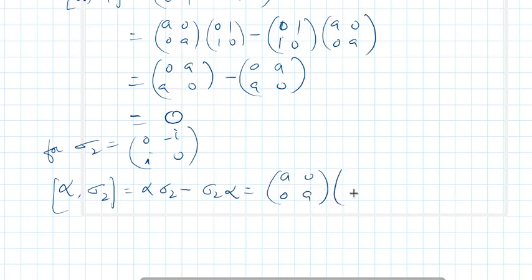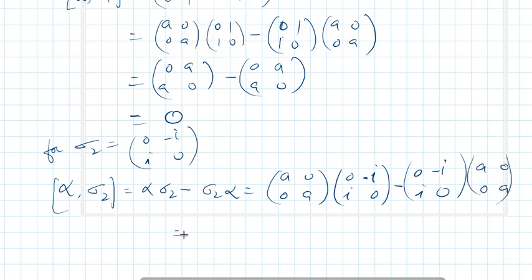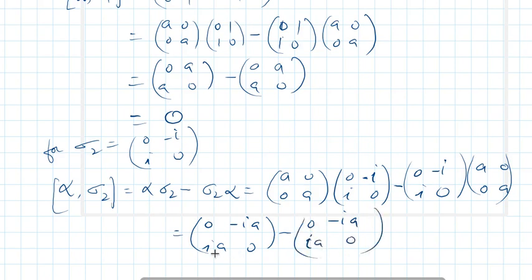Let me put its value here. If I solve it, it will become [[0, -iA], [iA, 0]] minus [[0, -iA], [iA, 0]], and both the matrices are identical and its value will be equal to 0.